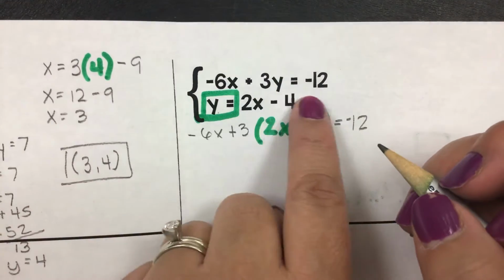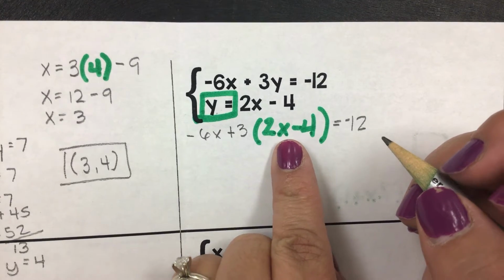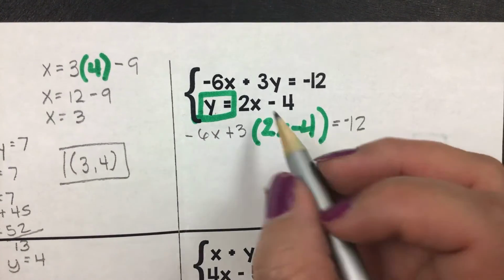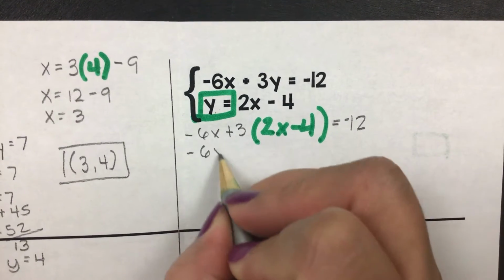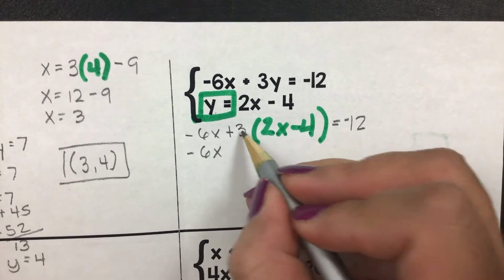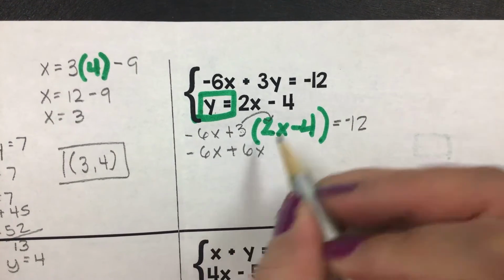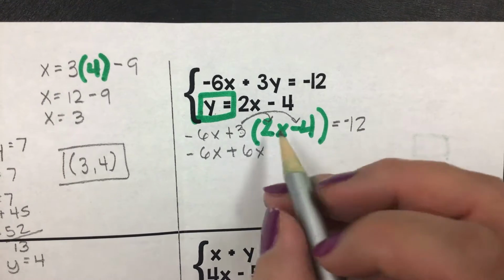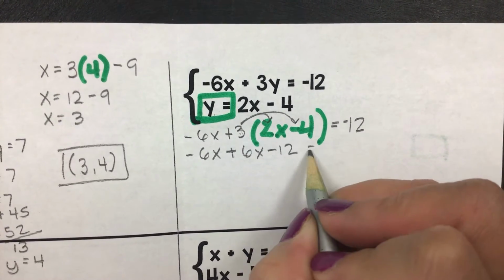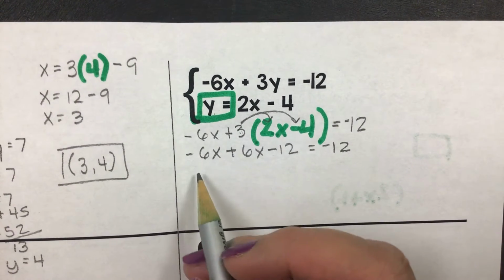So you can tell that that's the first equation that I wrote, but instead of writing y, we substituted that value. Now we go through the operations to solve for x. Negative 6x, and then a positive 3 times 2x gives you a positive 6x. 3 times a negative 4 is a negative 12, and that's equal to negative 12. Now we're going to combine like terms.